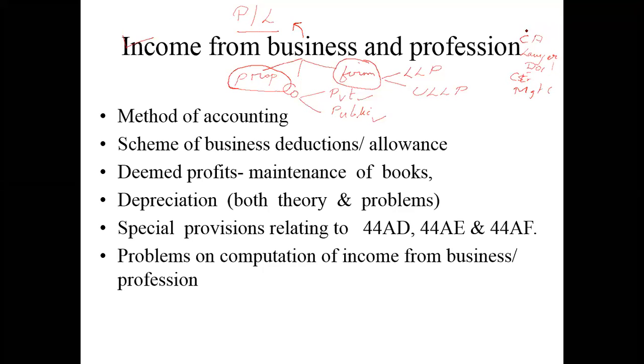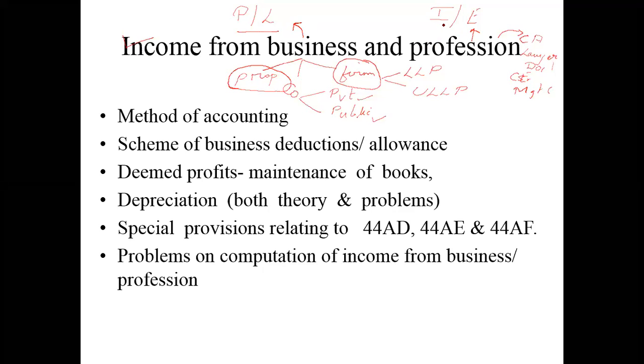All these people are professionals by their nature. Whenever a person is in a particular profession, he will not have a P&L account, he will always have an income and expenditure account.